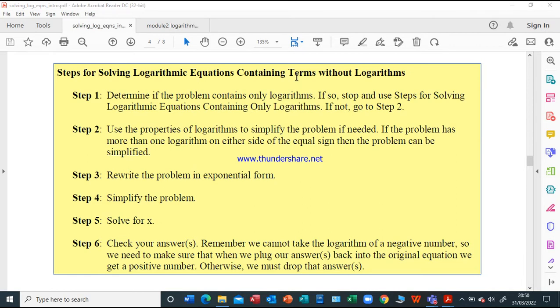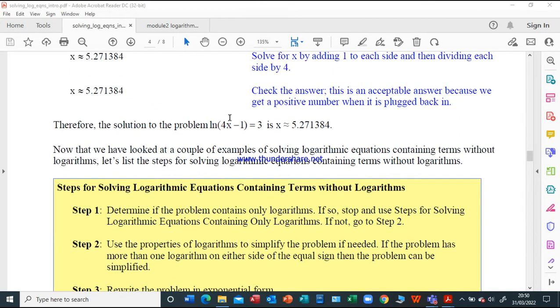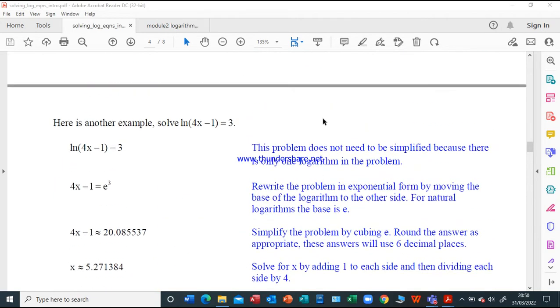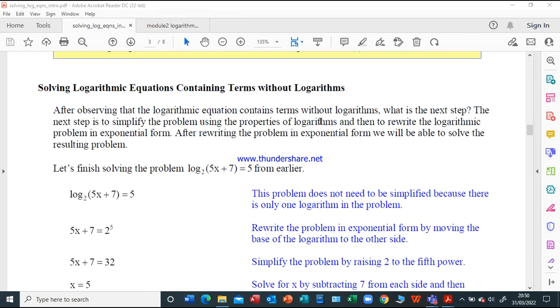So we're looking at equations that have only one logarithm on one side and no logarithms on the other side.